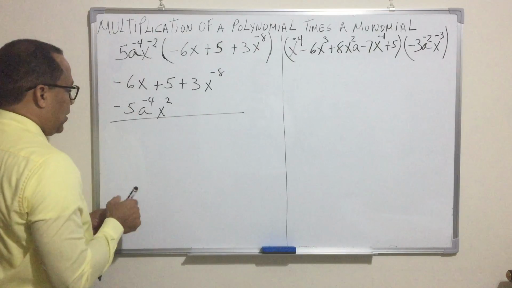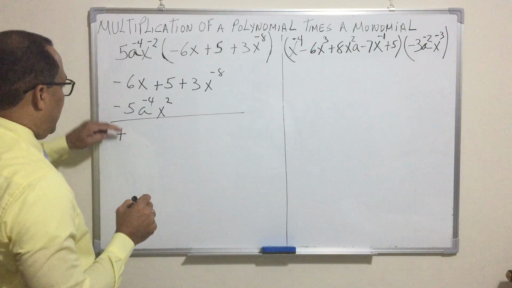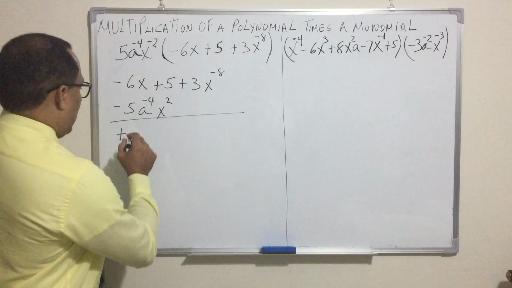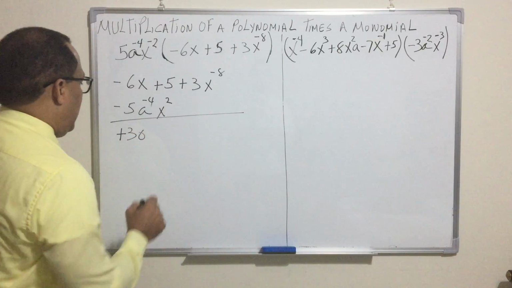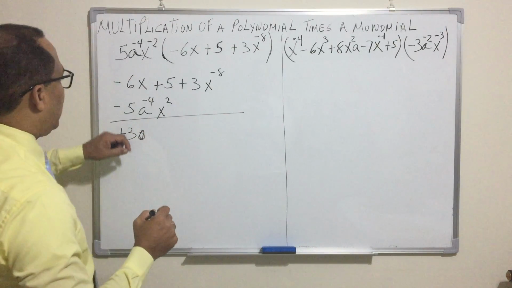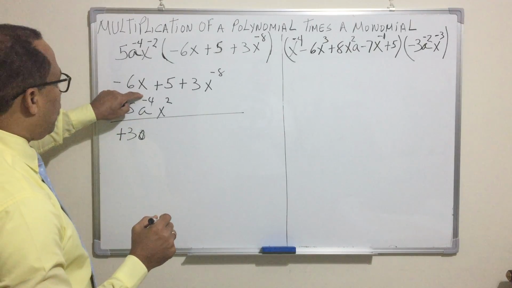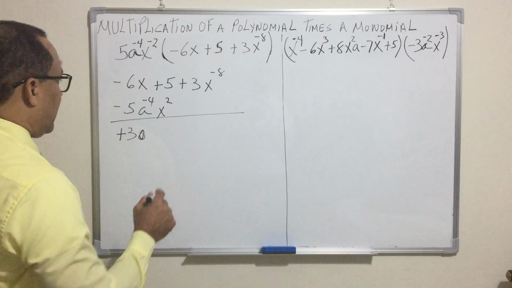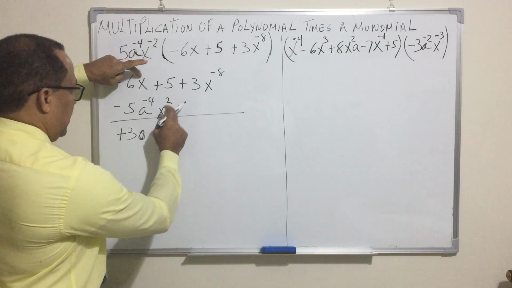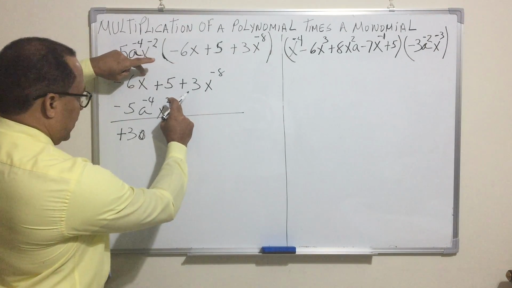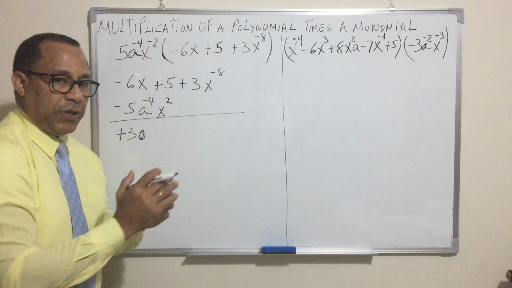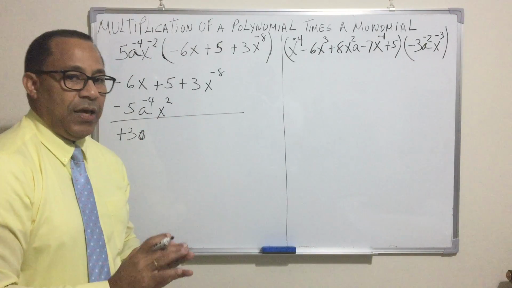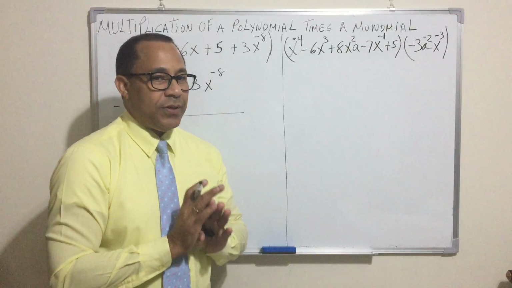Negative times negative is positive. 5 times 6 equals 30, and then a to the negative 4, x to the second times x. Take the x, that's a 2 and a 1. Remember, in multiplication you multiply the coefficients, but you do not multiply the exponents.